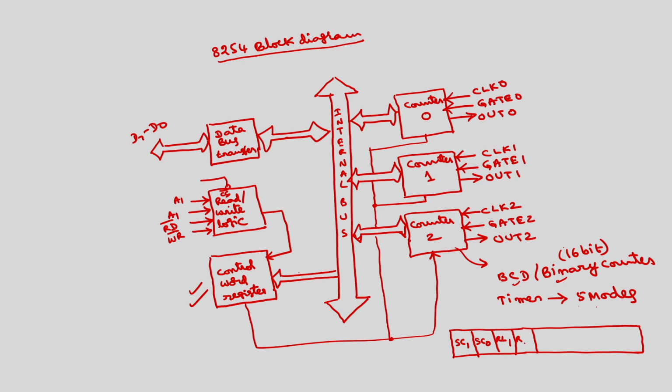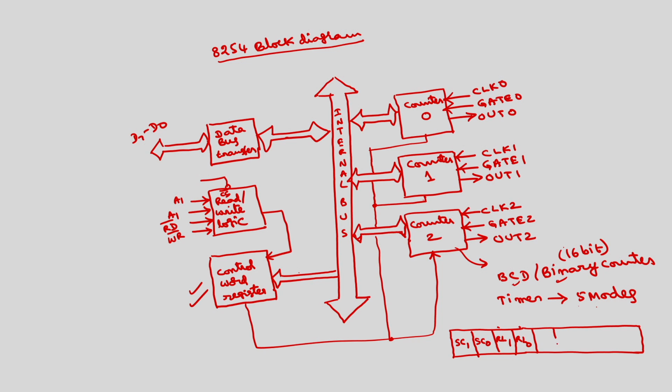Similarly, we have RL1, RL0, read or load either byte or word. Byte means lower order 8 bits or higher order 8 bits. Depending upon the status of these 2 pins, we can select either the lower order byte, the higher order byte, or both the bytes. I will explain the function of that.